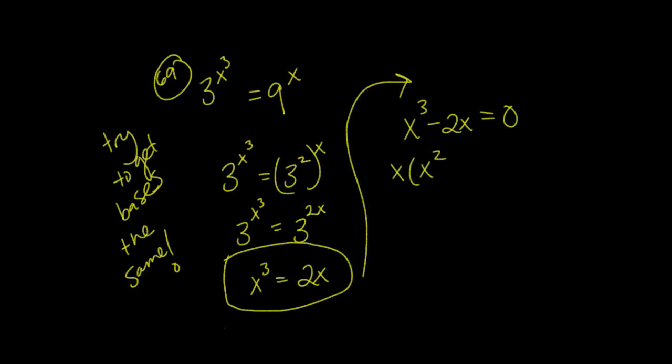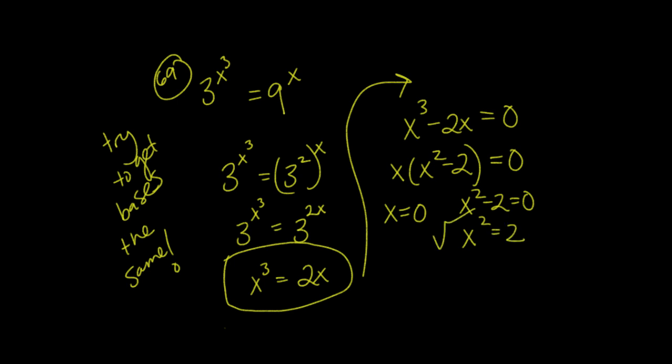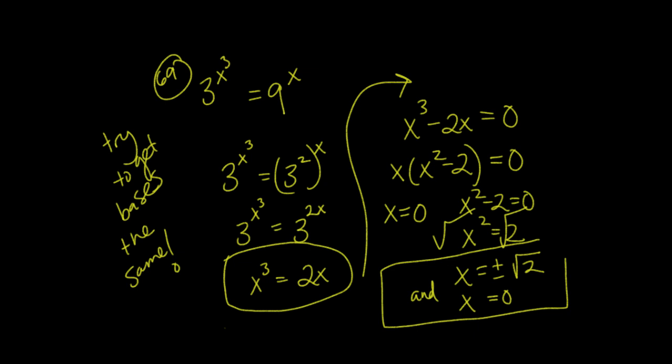So now I'm left with x squared minus 2 equals 0. Using the zero product property, x can equal 0, or x squared minus 2 can equal 0. So x squared equals 2. Take the square root of both sides. x can equal plus or minus the square root of 2. And x can equal 0 from the other. So this is my solution.